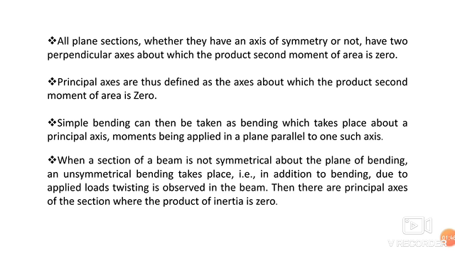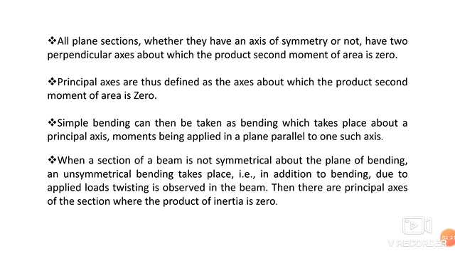Similarly, all plane sections, whether they have an axis of symmetry or not, have two perpendicular axes about which the product second moment of area is always 0. Principal axes are thus defined as the axes about which the product second moment of area is 0. Simple bending can be taken as bending which takes place about a principal axis, moment being applied parallel to one such axis.